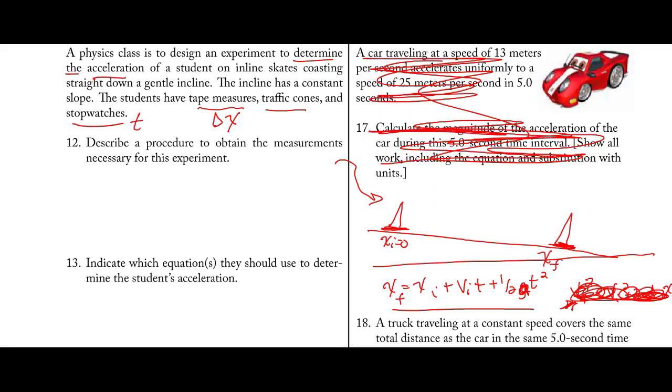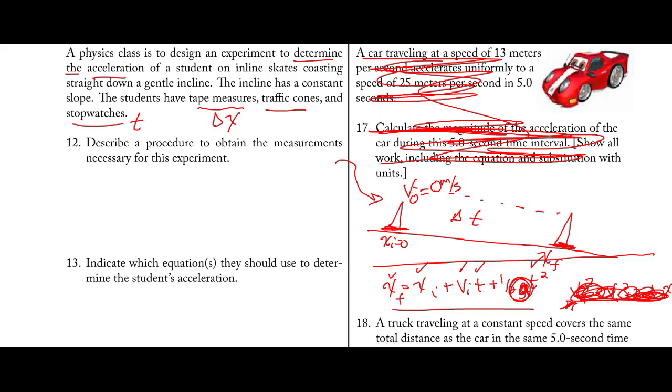Then we could time it, the time it takes to get all the way down. That'll be my change in time. Okay, and we can just make sure that he starts with an initial velocity of 0. So we know this, we know this is 0. We can find our time, and we're solving for acceleration.